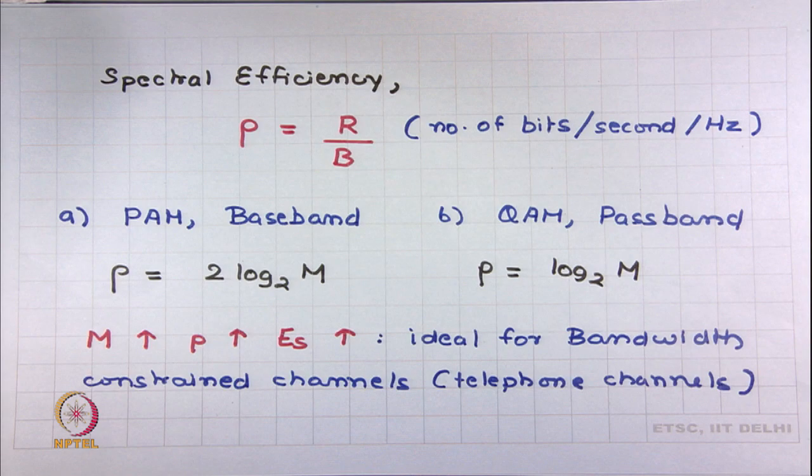and once you do that, you need to pump in more symbol energy as well, and increasing m would be important in bandwidth constrained channels. So, we have seen in lecture 1 that the communication channels are of basically two kinds. Certain channels are bandwidth constrained channels, that means the bandwidth is the more precious resource for those channels. For example, telephone channels are bandwidth constrained channels. You can always pump in more power in telephone channels, that is not the primary concern.